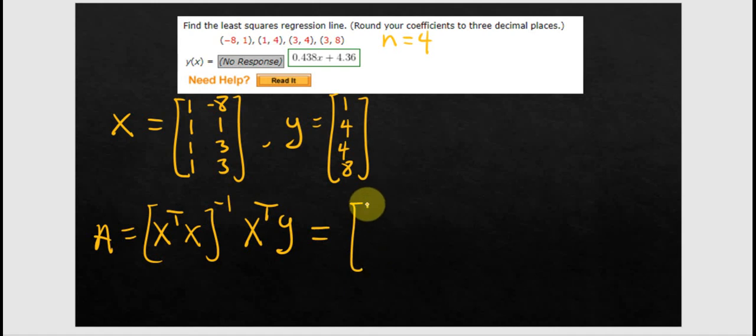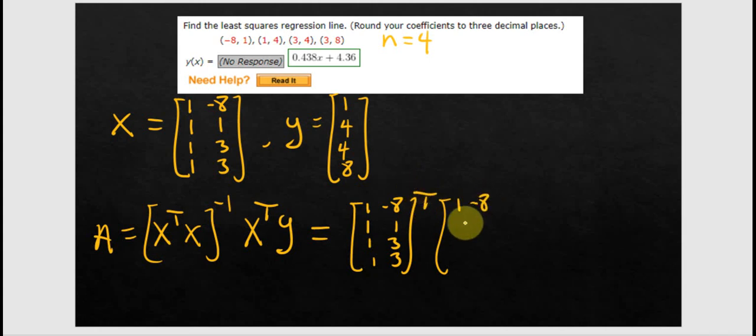So we have this matrix 1, -8, 1, 1, 1, 3, and you don't even have to write all this stuff out, because I know that you're using your graphing calculator. So this is the transpose of that, then times X, and I could have written that out, but this is fine. You have that transpose function on your calculator as well, so use that.